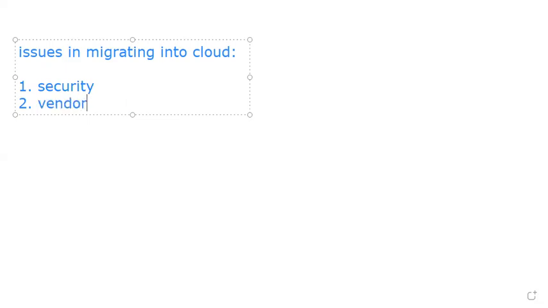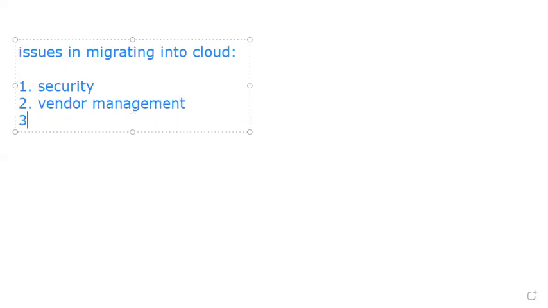See, I will explain one by one. The first one, what are the issues in migrating to the cloud? The first one is about security. Are we able to provide the security because of making it to the cloud? Second, how do you maintain the vendors?